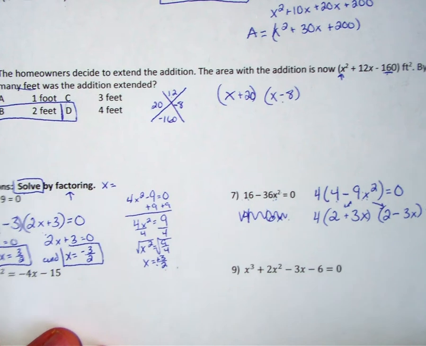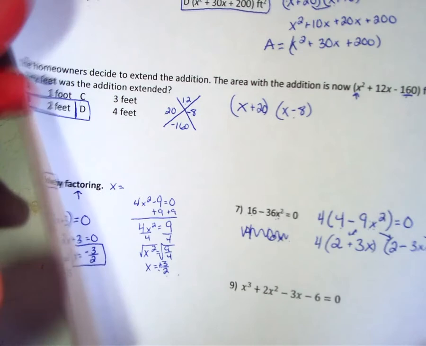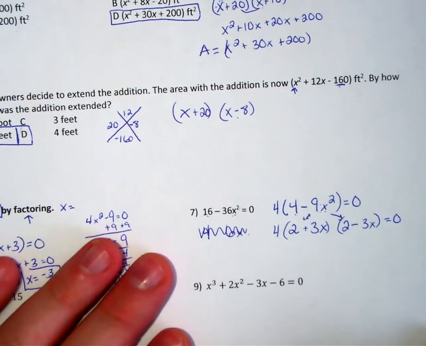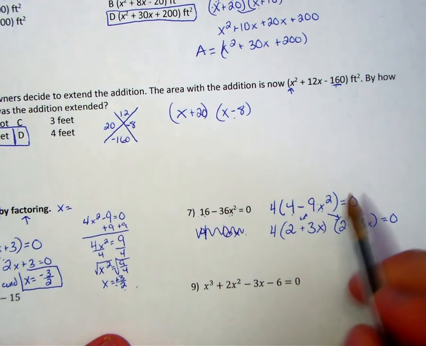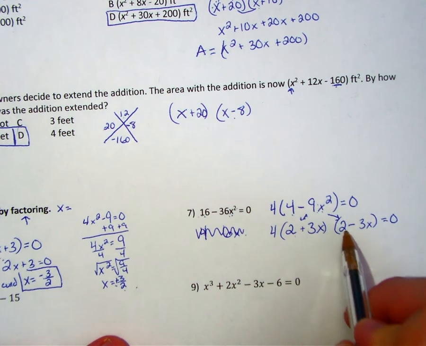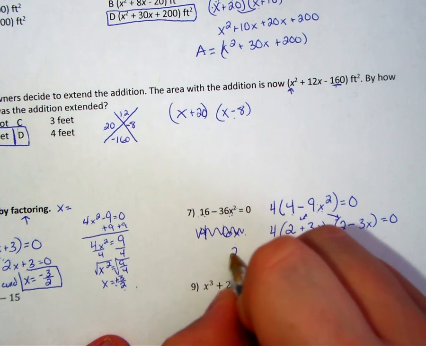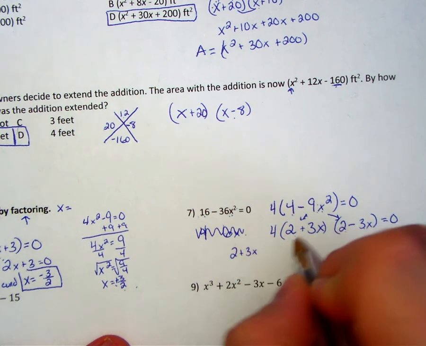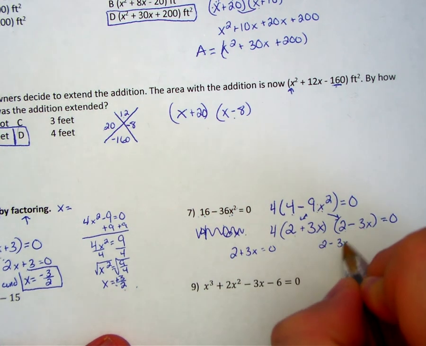Now, despite the fact that 4 is a factor, it doesn't have an x in it to be a solution factor. So the only solution factors that we need to deal with are the 2 plus 3x and the 2 minus 3x. We're going to set each equal to 0 and solve for x. 2 plus 3x equals 0. 2 minus 3x equals 0.